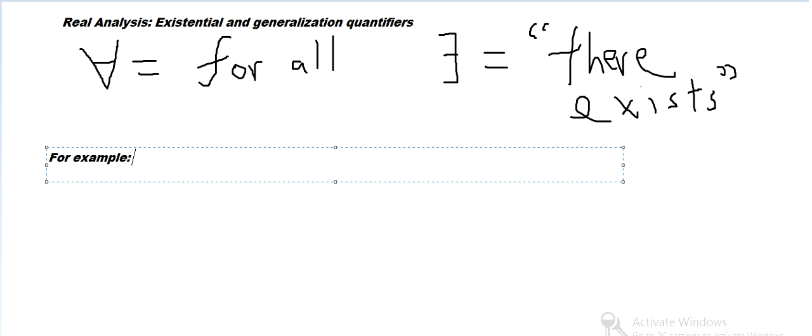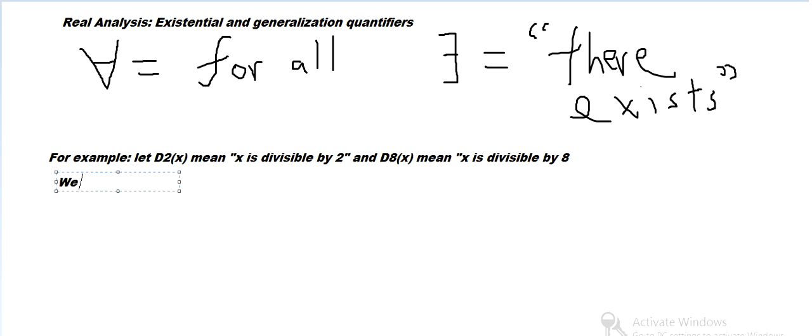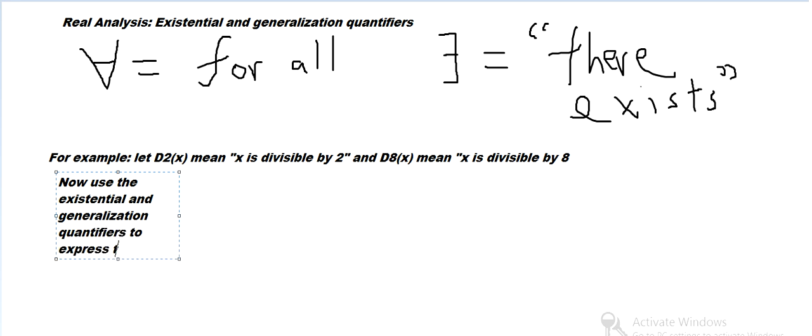For example, let d2x mean x is divisible by 2, and d8x mean x is divisible by 8. And now use the existential and generalization quantifiers to express this statement.